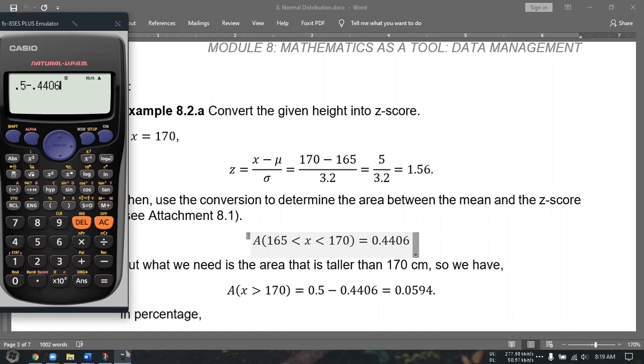Now, if you accidentally interchange the position, this would give you a wrong value. This is negative. We don't have a negative area. Area is always positive. So please bear in mind that you have to subtract the smaller area from the larger area. So it's the other way around.